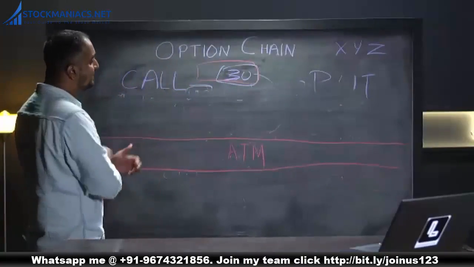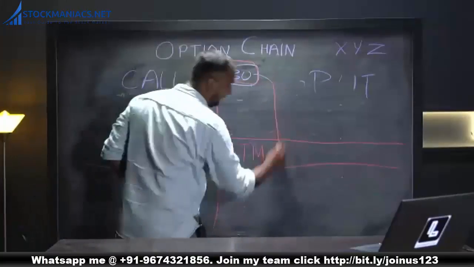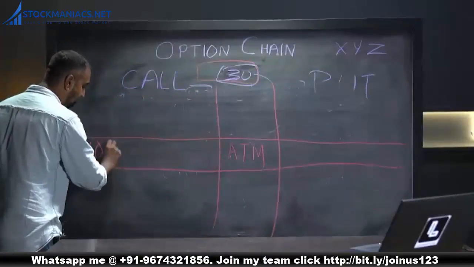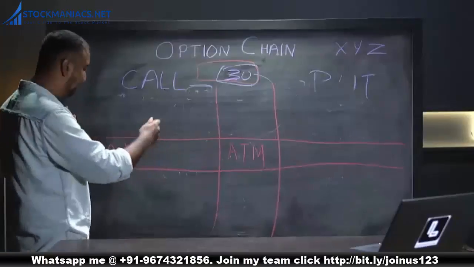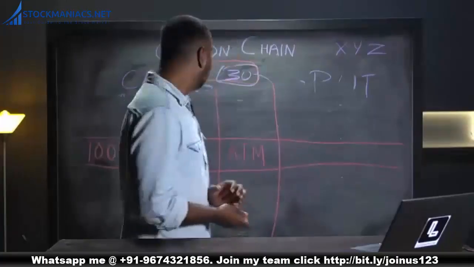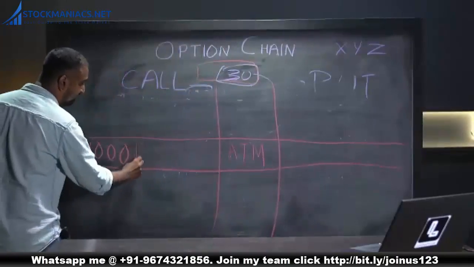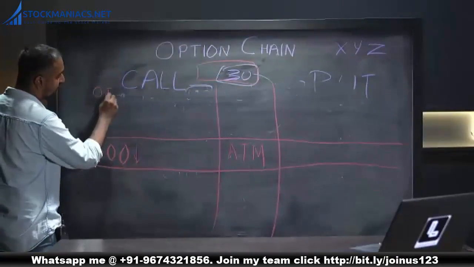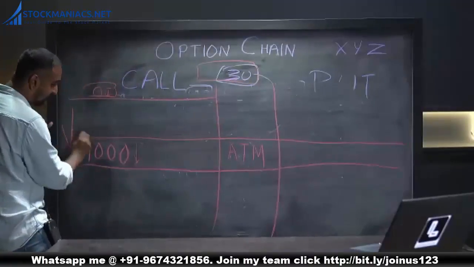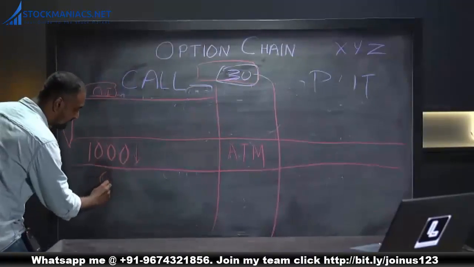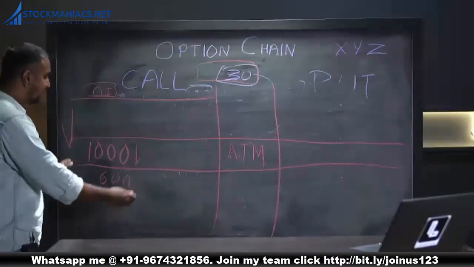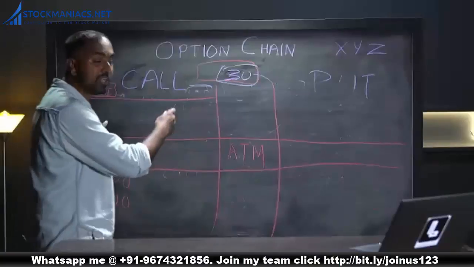In IEX, the ATM strike price initially had 1,000 quantity. This is just a reference number. But suddenly, when the market was going, this 1,000 started reducing. This is OI, open interest. From 1,000 it became 600, from 600 it became 100. So this clearly means there is something very wrong.